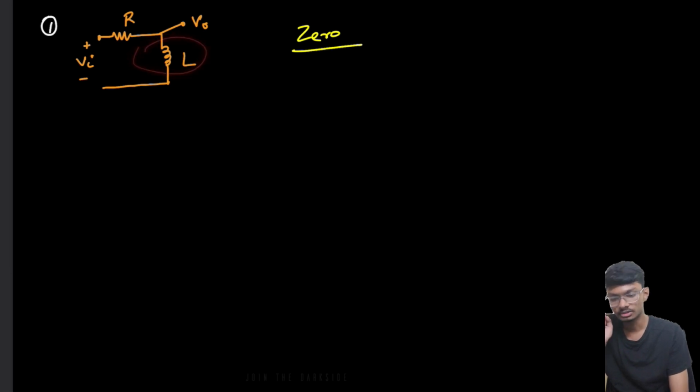Next is short the output. If we short at s equal to 0, this becomes shorted, so VO will be 0 for finite Vi. So at s equal to 0 we have a zero. Break the link is not possible, so we have only one zero at s equal to 0.